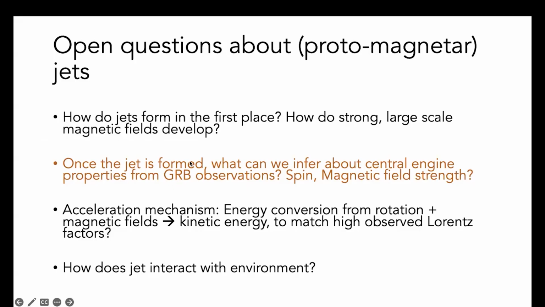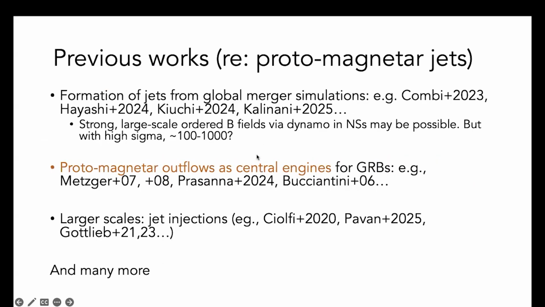So I'll be focusing on the orange, which is, again, how do we, what are the outflow properties once we have a jet, once we have the ingredients required? So previous works have studied, and more recently, some very interesting ones, I think, on how do we form these proto-magnetar jets.